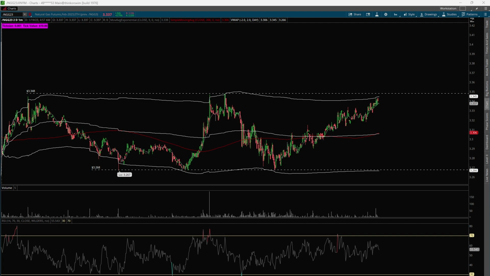And if we look at the chart here today, for example, natural gas opened up and had a good rip up to this 3.34 area and then failed, and faded all the way down to this 3.26 level. And it's really been bouncing back and forth from this support area to this resistance area.